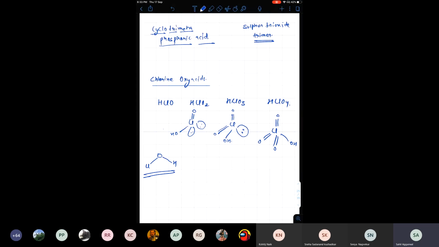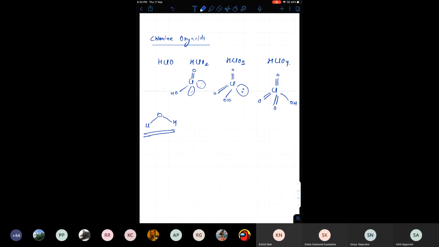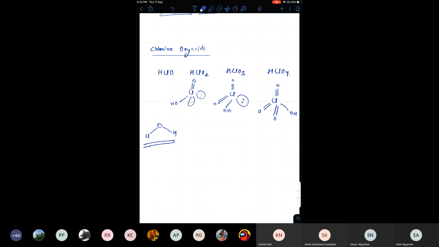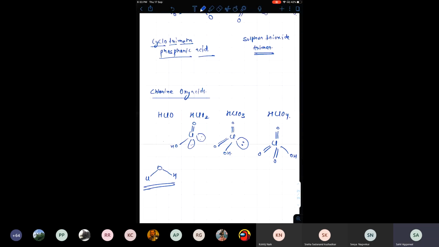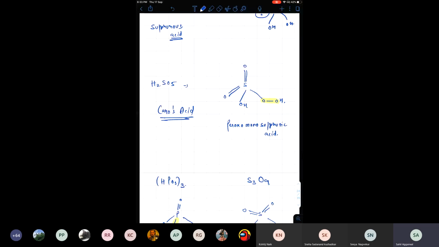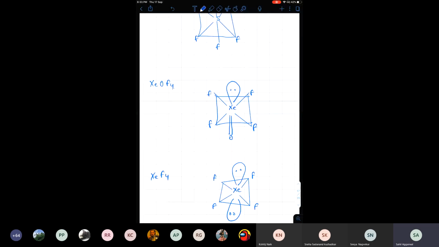Kinmin, which linkage you are talking about? That POP linkage is called anhydride linkage, because after removing water, we get it. So this much structures we should know in P block chapter. ये structures आपको आने चाहिए. No, in that we do not have any name for that.